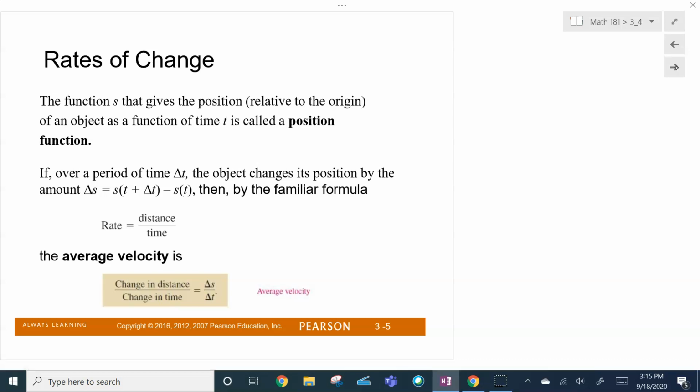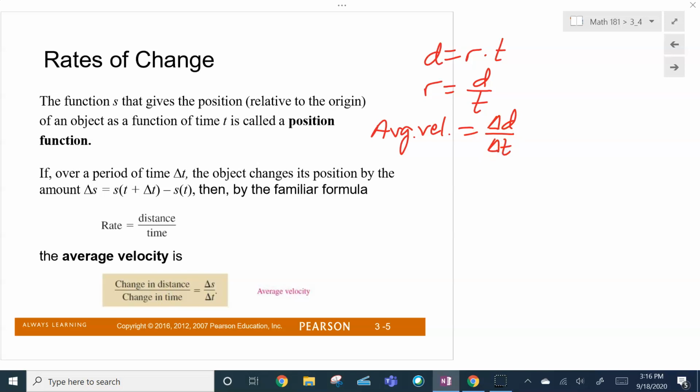Now, if you remember, distance is rate times time. In other words, our rate is distance over time. So our average velocity would be the change in distance over change in time.